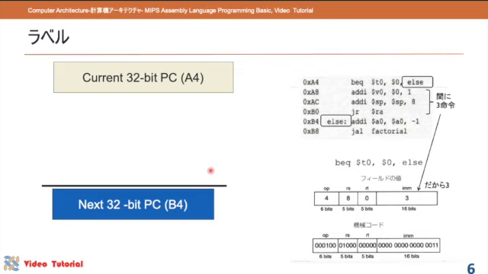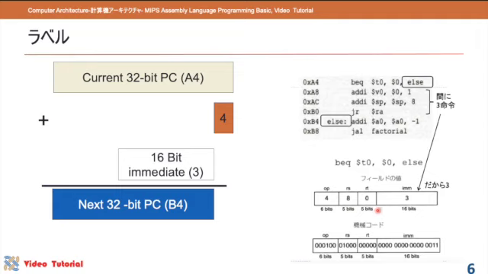Well, so here is the result. We need to do the calculation in between. As you know, the first thing is you need to add 4 to the current program counter. Okay, this is the rule. And as you know, in the MIPS address you have the 16-bit immediate here in the add.